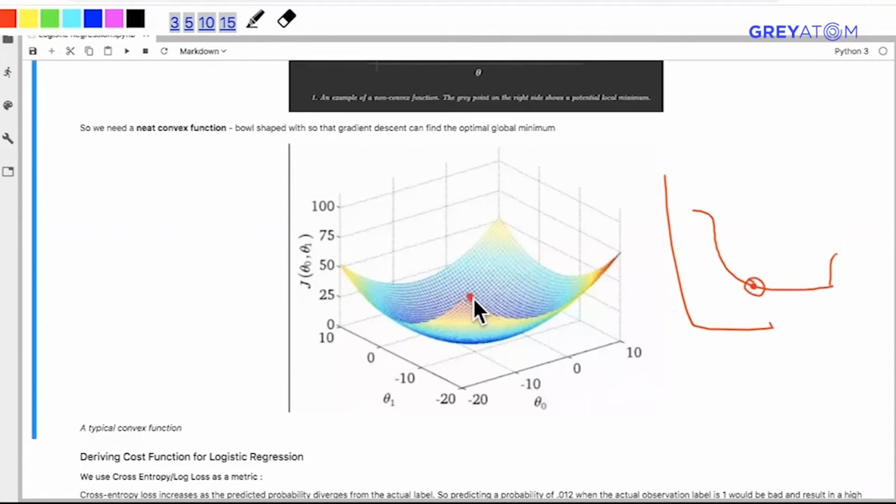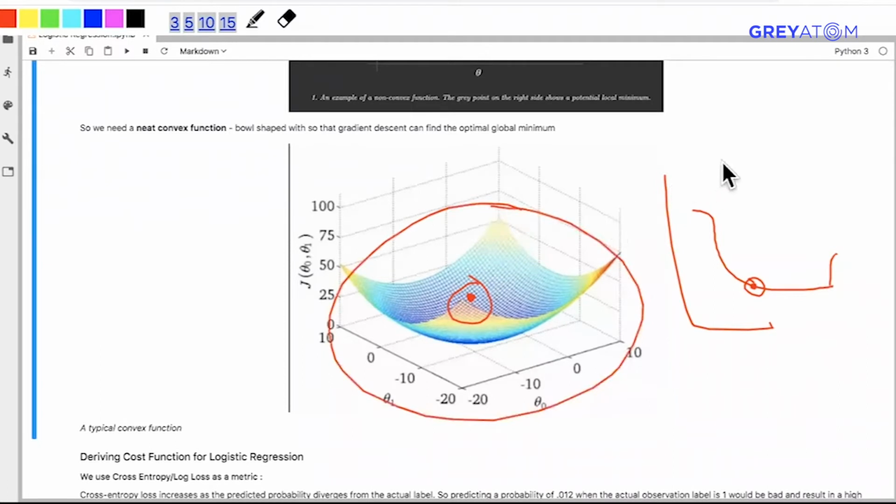It only has one minimum in the center. We would want our function to look like that. That's why cost is defined differently for linear regression and logistic regression. This bowl-shaped function is called a convex function, which has only one global minimum.